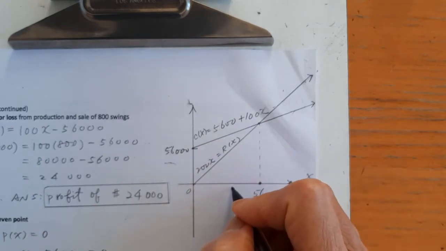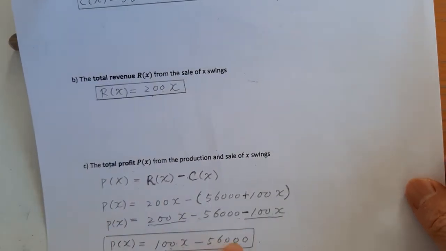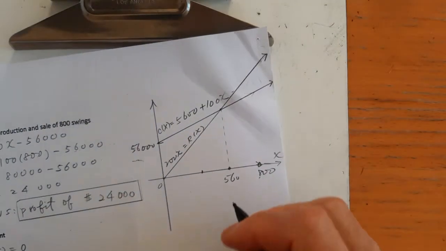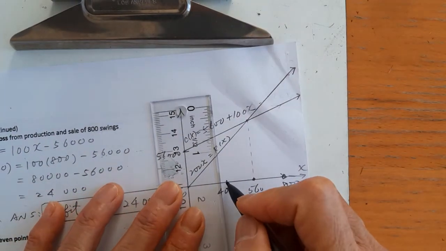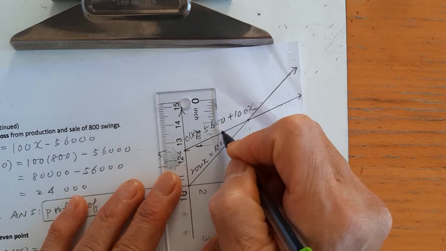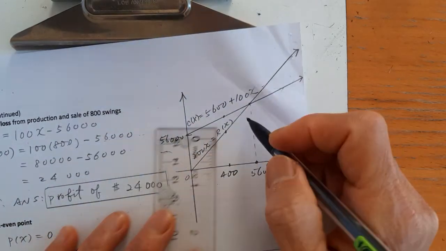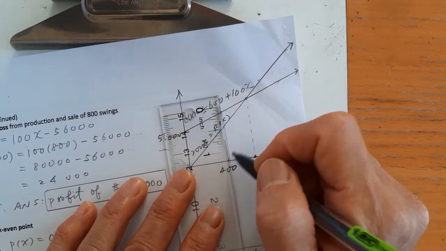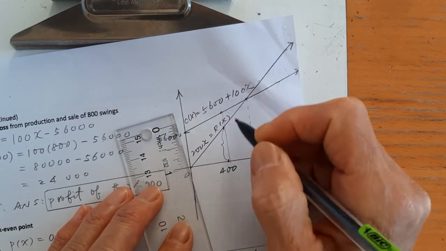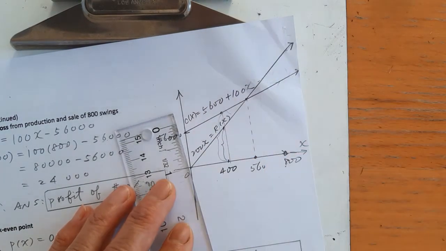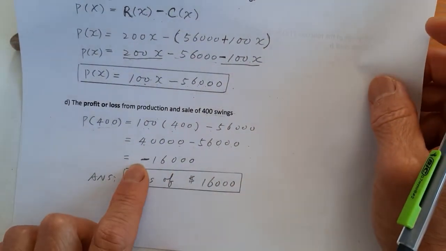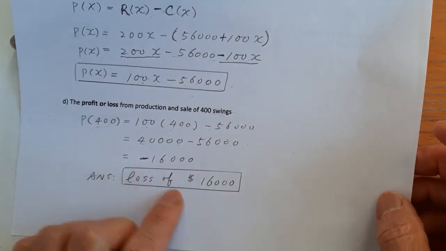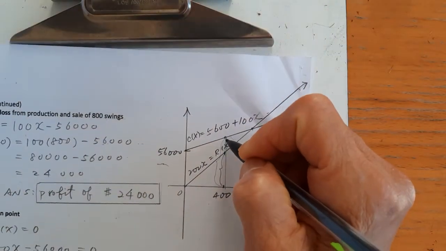Like here, at 400: if 400 swings are produced and sold, the cost is higher than the money coming in, so your profit is negative, because the cost is higher.